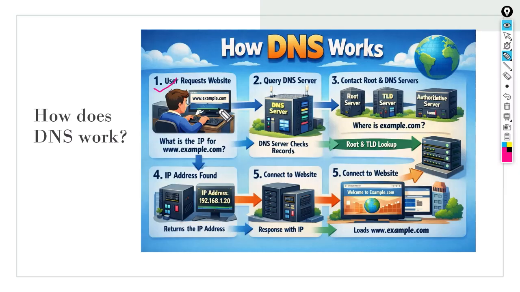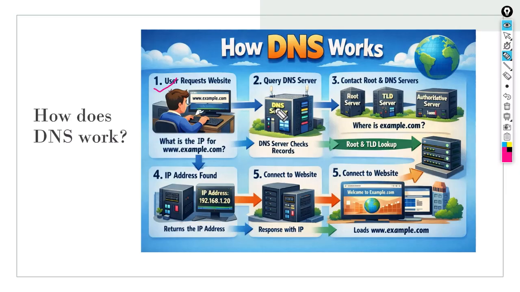Before asking the internet, the browser checks the browser DNS cache, the operating system DNS cache, or the local hosts file. If the IP address was recently added, it's already stored locally, so no external DNS query is needed. If not found, it will continue to the next step.